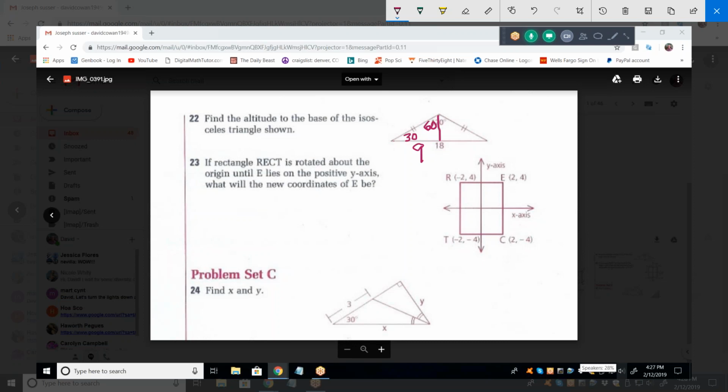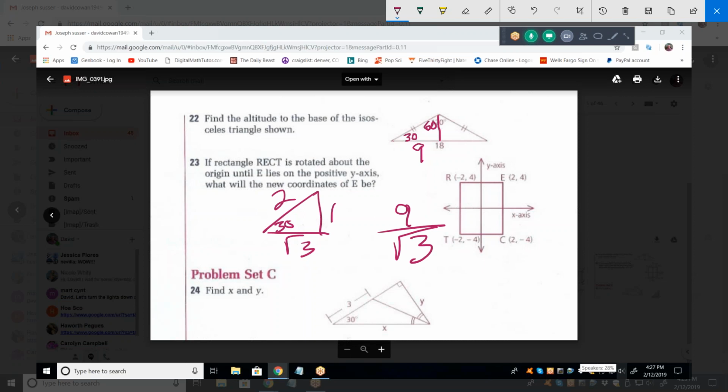Well, that's a little tricky. This is a little hard for me. If I draw the normal one, there's the 30. That's 1. That's root 3. That's 2. So what is the relationship between this triangle up top and this triangle down there? What's the similarity ratio? 9 to square root 3. 9 divided by square root of 3.